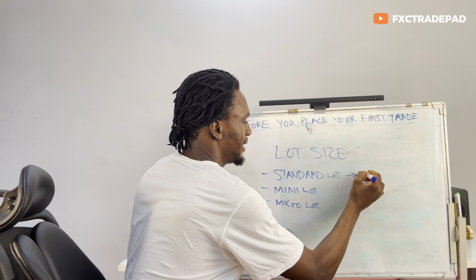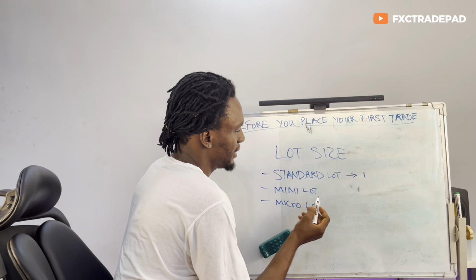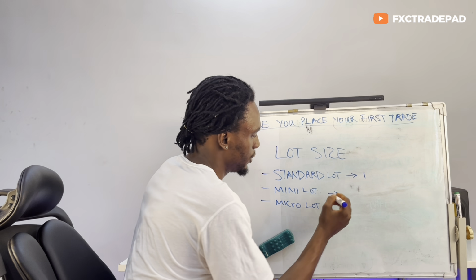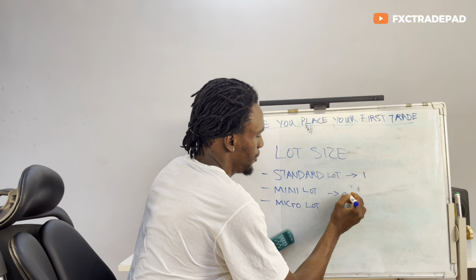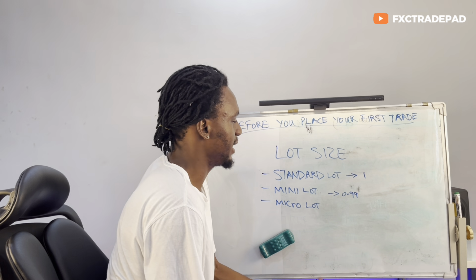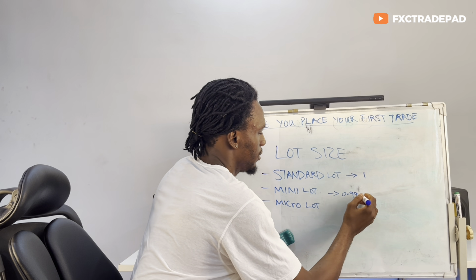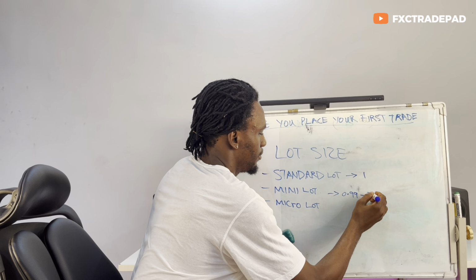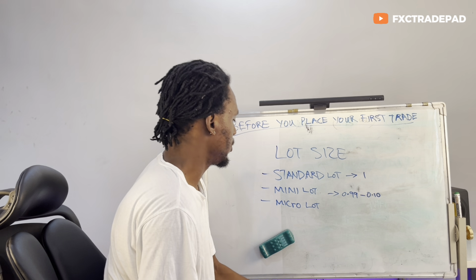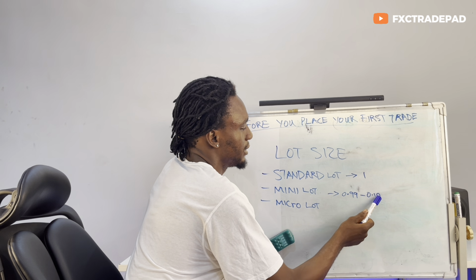So standard lot size is 1, alright? Mini lot size is anything less than 1, so we're talking about 0.99, alright? This is what we mean by mini. Mini runs from 0.99 down to 0.10.